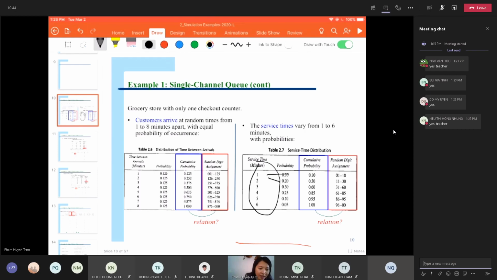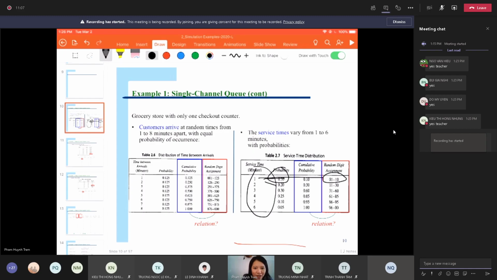If we get any random digit from 1 to 10, then we will assign the service time 1 minute, because we know that the probability that we can get any number from 1 to 10 out of 100 random numbers is 10%, exactly the probability that we want. So do you recall what we studied last week?